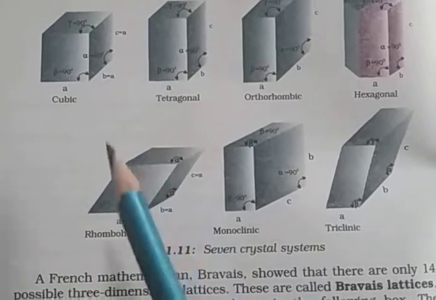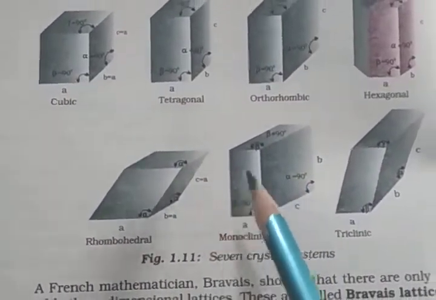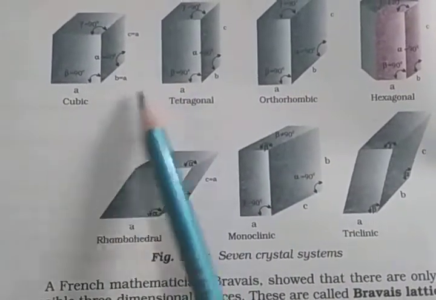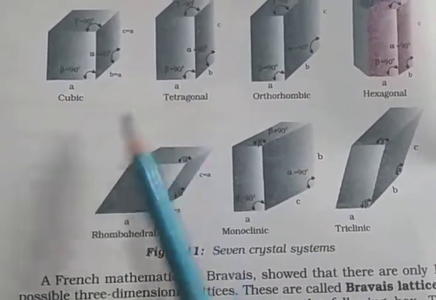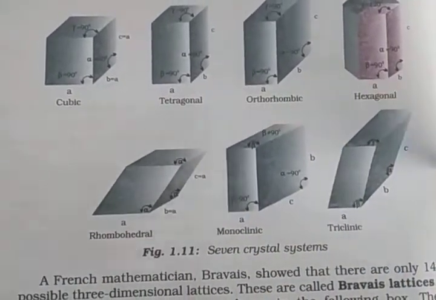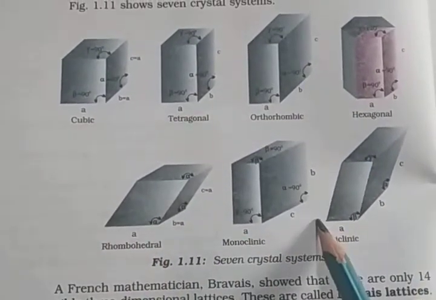Okay, to which system a given crystal belongs is determined by measuring the angles between its faces and deciding how many axes are needed to define the principal features of its shape. So there are 7 types of crystal system.